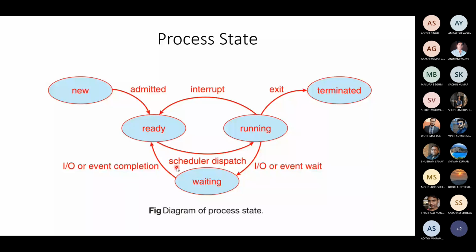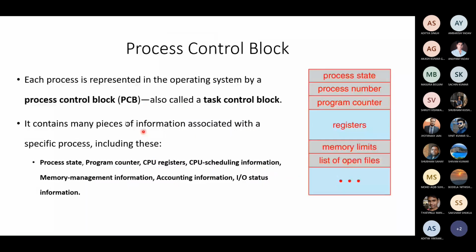So these are the various typical states a process goes through. PCB is the process control block, by which each process is represented by the operating system. It contains associated information: the process state, the process number, the program counter, the registers that need to be assigned when it is executing, and the temporary files that need to be opened. We also understood context switch.